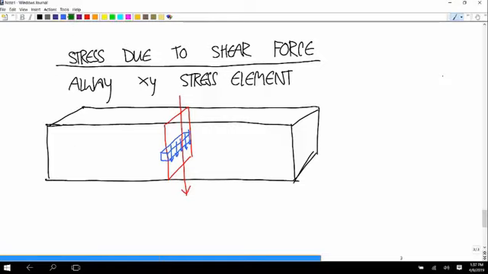And since our coordinate system has the x-axis that way, the y-axis that way, and the z-axis that way, those little stress elements are on the x face if you have a positive shear force, right? If this is V, then these are going to be XY stress elements. See that?